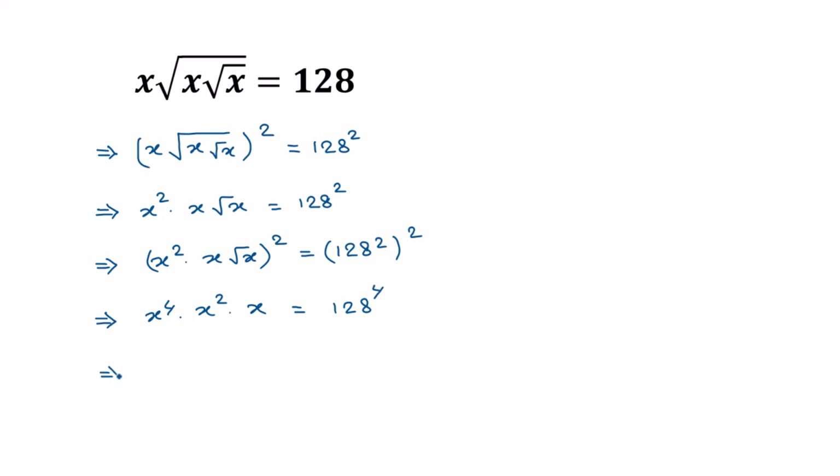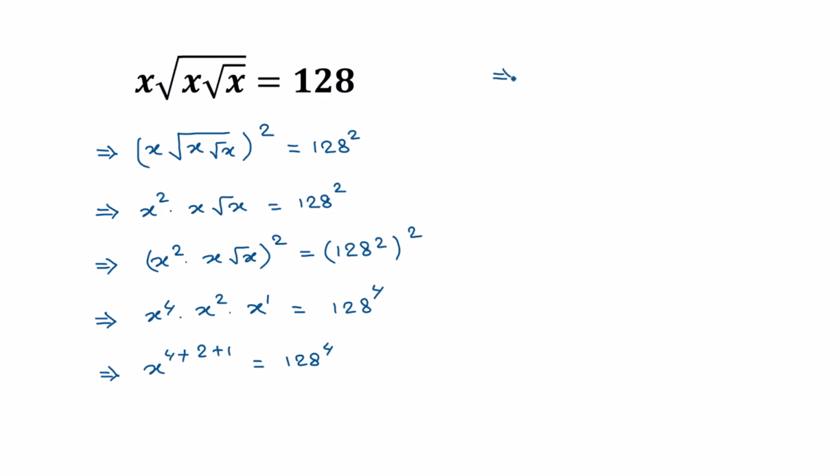Or, according to law of exponent, we can write the left side as x to the power 4 plus 2, and here the power of x is 1, so plus 1, is equal to the right side, 128 to the power 4.